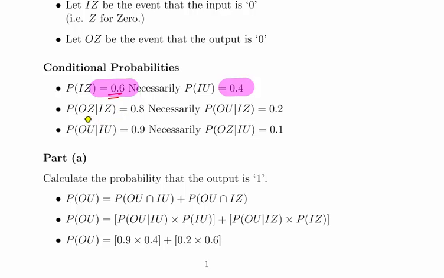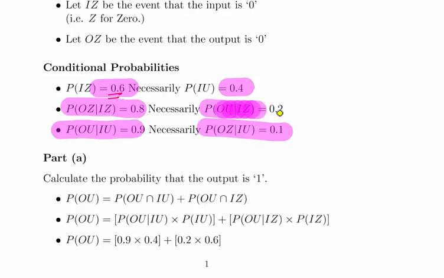We're also given some conditional probabilities: the probability of an output of 0 given that the input was 0 is 0.8, and the probability of an output of 1 given that the input was 1 is 0.9. So necessarily we have these two complementary conditional probabilities. The probability of output being 1 given that the input was 0 is 0.2, and the probability of output being 0 given that the input was 1 is 0.1. So that's also quite helpful.